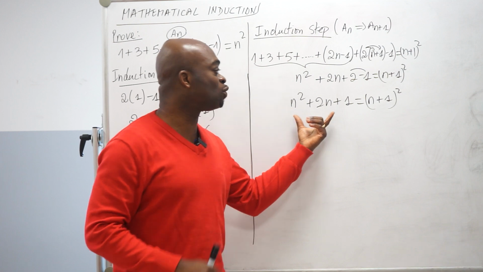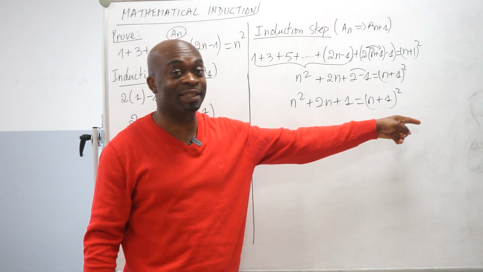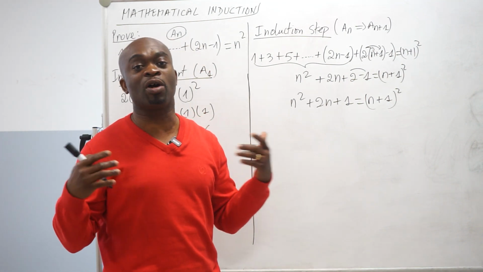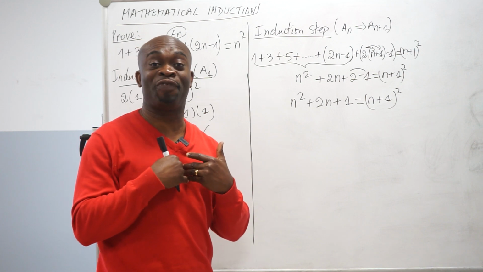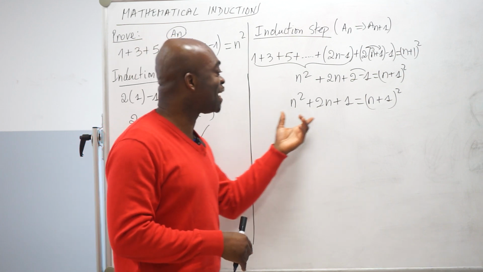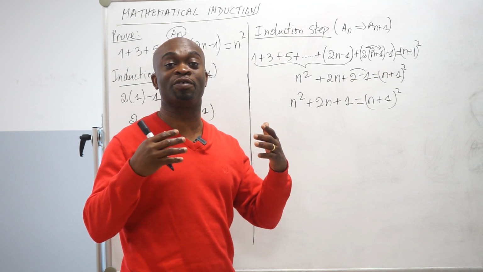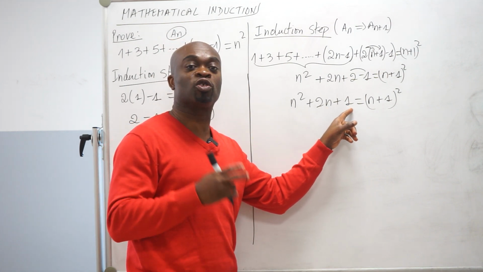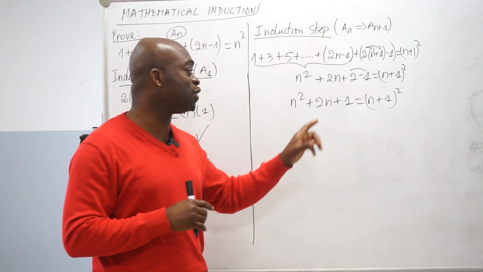At this point, there are two things that we can do, one or the other, okay? We can factor this one to see if it's going to give us this, or we can expand this one to see if it's equal to this one. It doesn't matter, whichever you feel more comfortable with. Let's say that I'm comfortable with factoring. So I have a trinomial. You can go back to our previous videos on solving trinomials. We want to find two numbers that multiply to give us 1, and the same two numbers add up to give you 2.